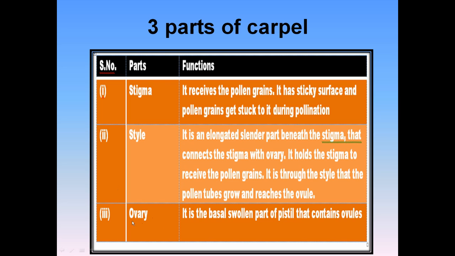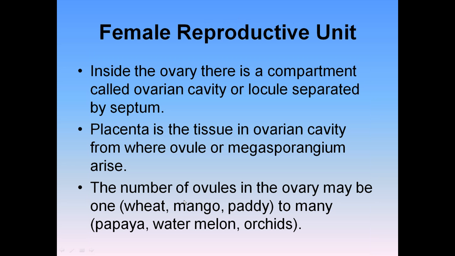Now comes the ovary part. It is the swollen basal portion of the pistil which contains the ovule, and you know it is a very important part in terms of sexual reproduction in angiosperms. You know that inside the ovary there are cavities, ovarian cavities or locules, and these locules are divided from each other with the help of septum.